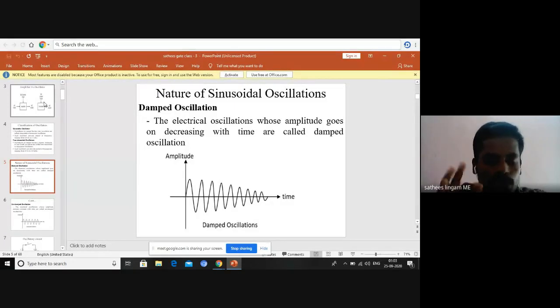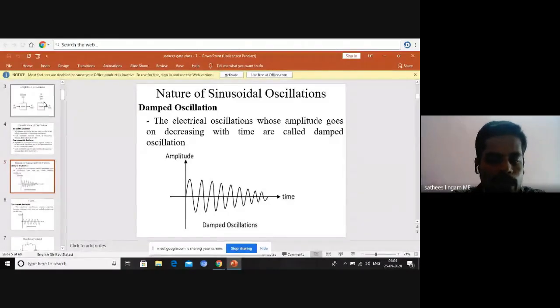Every device and every electronic element has some parameter change according to temperature. So the amplitude of the oscillations produced by the oscillator circuitry will change, either decreasing with time.